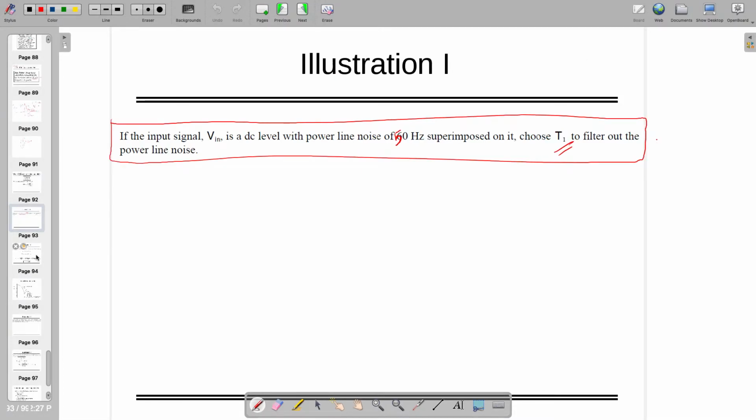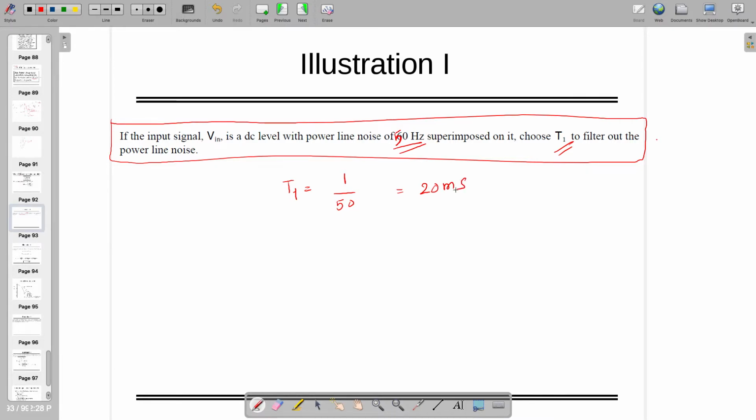Now, if the input signal V is a DC level with power line noise of 50 Hz superimposed on it, choose T1 to filter out the power line noise. This was the question I gave you last time. So what do you think? You are taking T1 equal to 1 by 50, and saying it has to be less than 2 milliseconds or exactly 2 milliseconds.